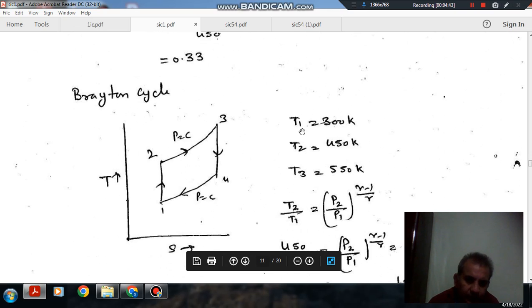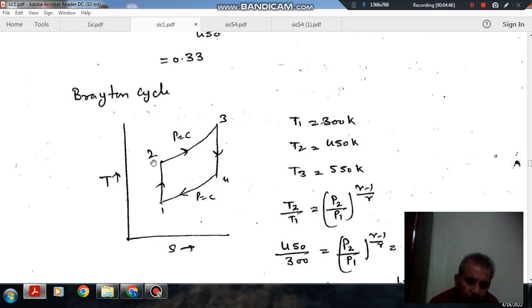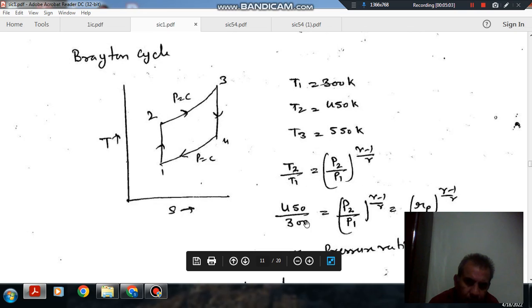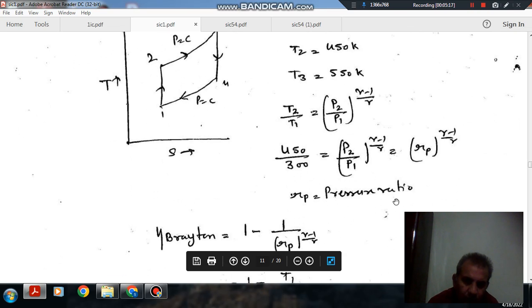In the case of the Brayton cycle, T1 is 300 and T2 is 450, but T3 is changed, that is 550. T2 by T1 is rp to the power gamma minus 1 by gamma, with T2 450 and T1 300, so we can find rp to the power gamma minus 1 by gamma is 450 by 300, where rp is the pressure ratio.